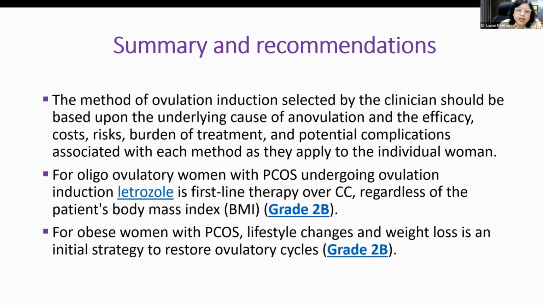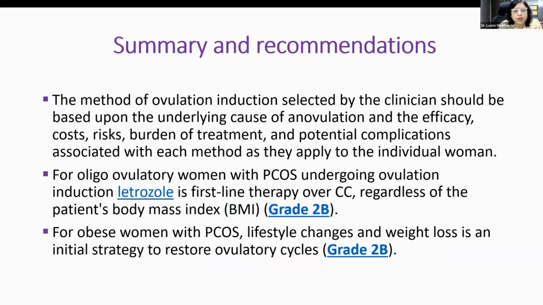So to summarize my talk, the method of ovulation induction selected by you should be based on the underlying cause of anovulation, the efficacy, cost, risk, burden of the treatment, and potential complications associated with each method as they apply to individual women. Don't generalize. Every woman is different, so it has to be an individualized approach.